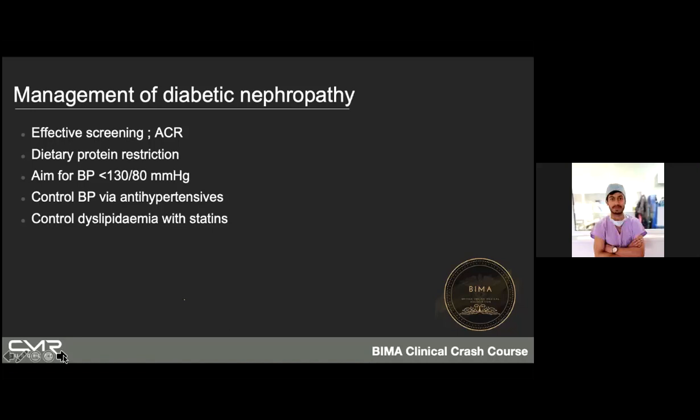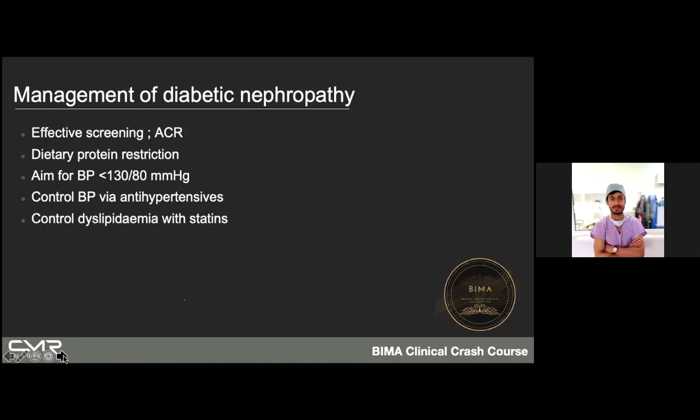And with everything, as I said, you try to modify the diet. You encourage and advise the patient to restrict their dietary protein intake. You try to control their blood pressure as much as you can, aiming for less than 130 systolic and 80 diastolic. And then you'd also control the dyslipidemia with a statin.